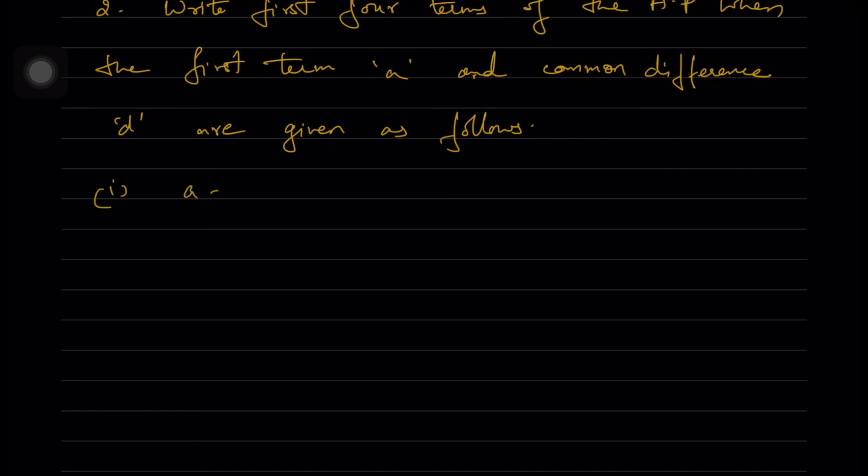First one, A is equal to 10, D is equal to 10. So we have to find out the first 4 terms of the AP. What's the solution? We are having A equal to 10, D equal to 10, that is the first term and the common difference.